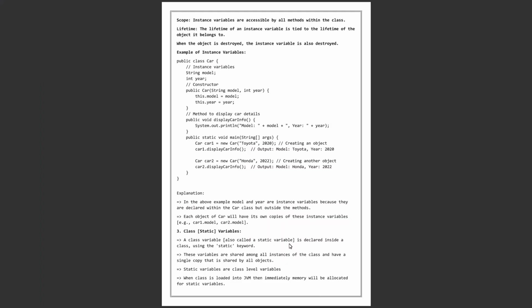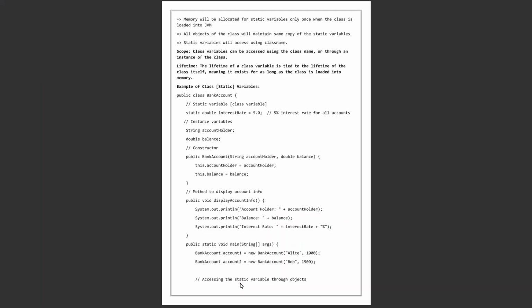Static variables are class level variables. So it is declared in the class. When the class is loaded into JVM, then immediately memory will be allocated for the static variable. As soon as the code gets into JVM, the class will be loaded, then the memory allocation will happen.